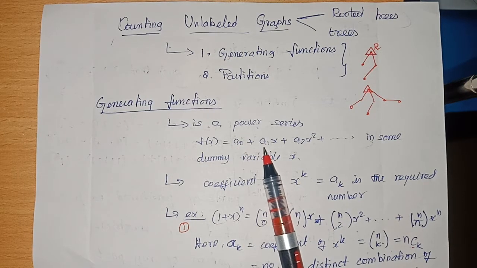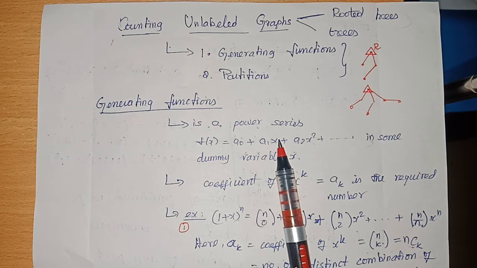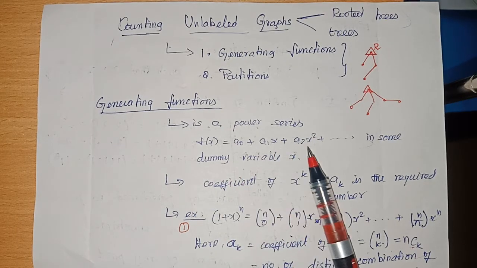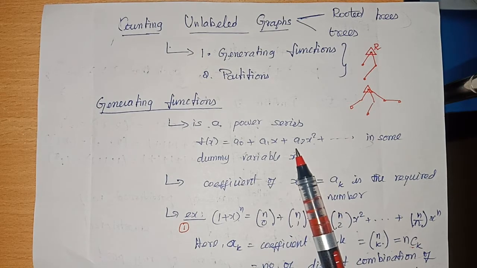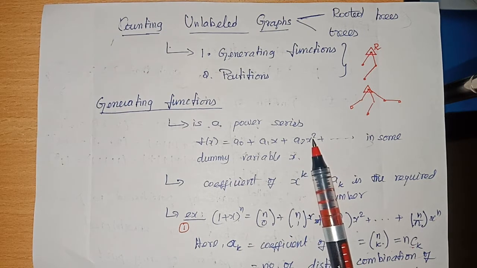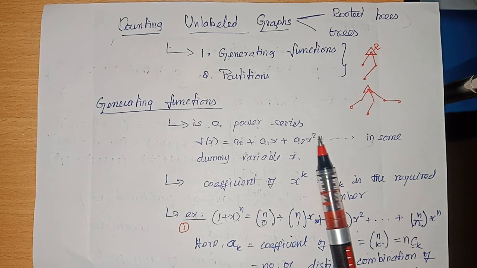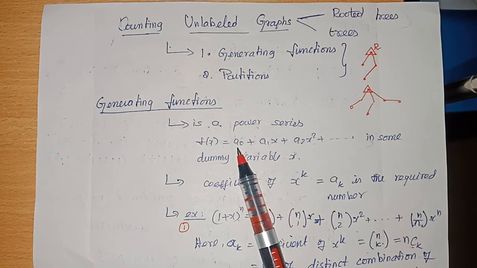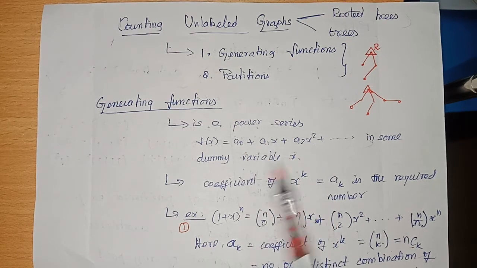This a1 gives me the number of unlabeled rooted trees with 1 edge. Since the power of x is 1, I am mentioning the number of edges as 1. Similarly, a2 gives me the counting of the number of trees with 2 edges. So, the coefficients are of importance here, but not x.